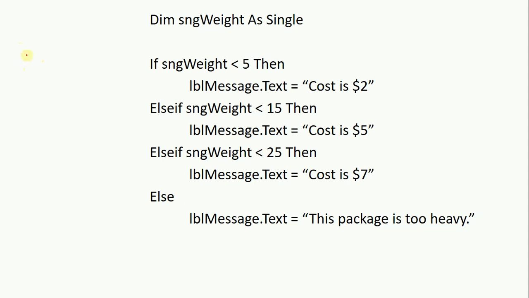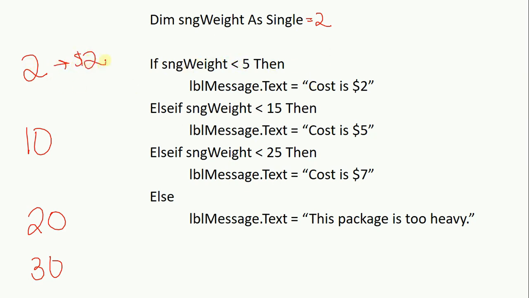Let's check if my package weighs 2, then 10, then 20, and then let's also try 30. So if sngWeight is equal to 2, is 2 less than 5? That's true. So for 2, it will say cost is $2. It'll take me $2 to send that package that weighs 2 pounds.